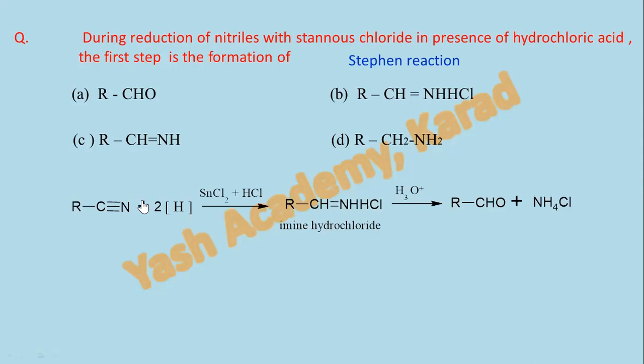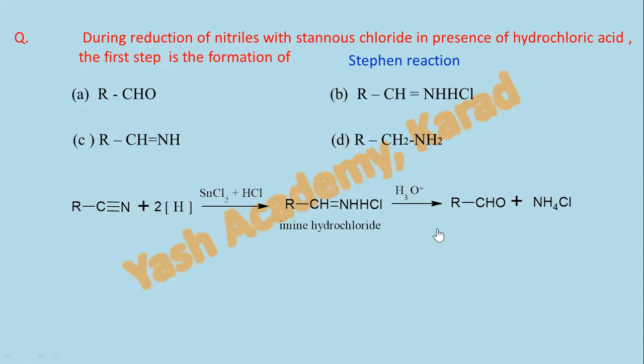This is the Stephen reaction in which alkyl cyanides or nitriles are reduced in presence of stannous chloride and hydrochloric acid. The first step is the formation of imine hydrochloride. Imine hydrochloride is an intermediate which is formed in this reaction, and this intermediate on acid hydrolysis gives the final product, that is an aldehyde.